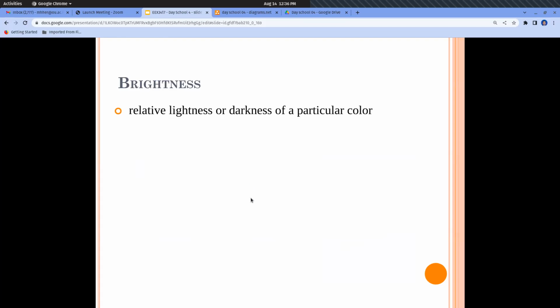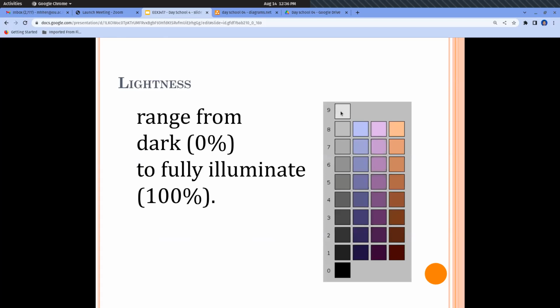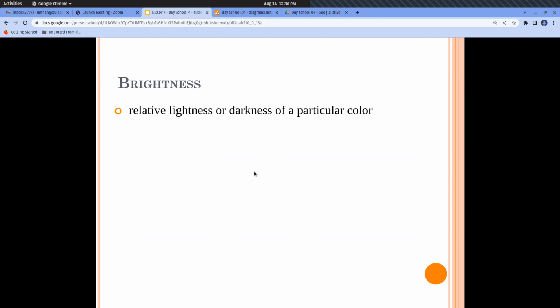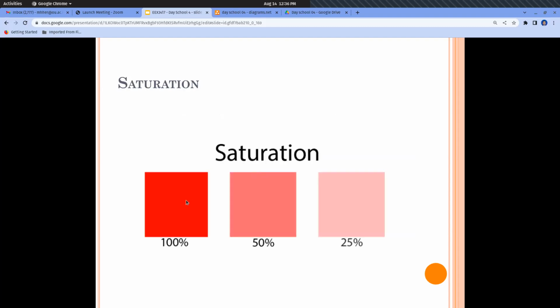In one color, brightness goes like this, from black to white in one color. Saturation is from white to the full color.